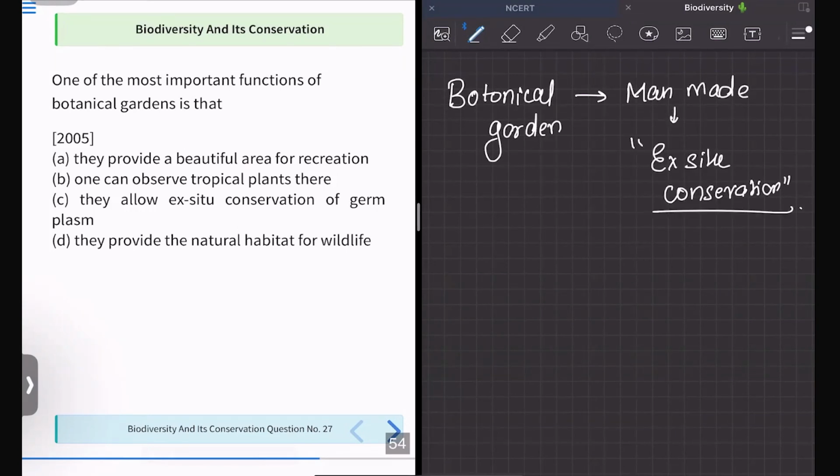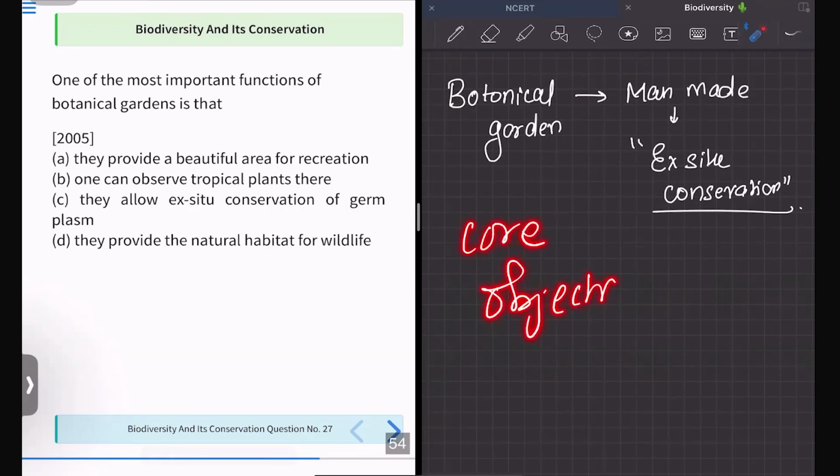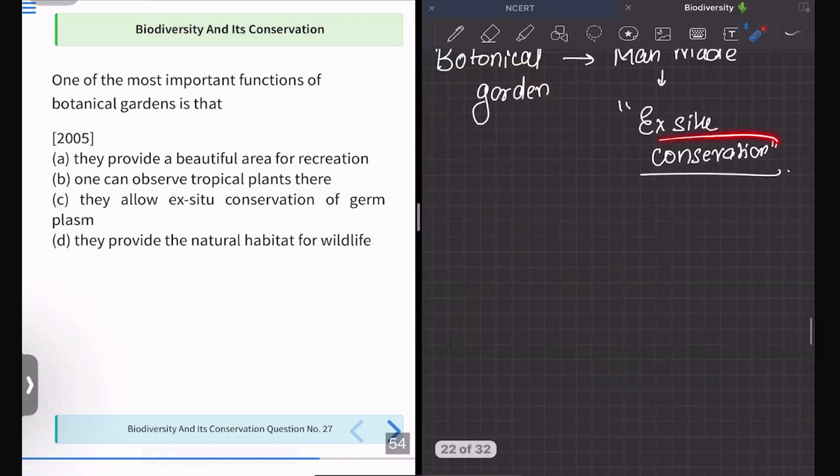Now, my friends, the question has given four options, and all of them are true for botanical gardens. But in the question, they are asking what is the most important function? Why have we made those botanical gardens? Have we made this botanical garden so that we can go there and have a picnic and recreate and chill? No, we have made it. The core objective behind making the botanical garden was to do conservation.